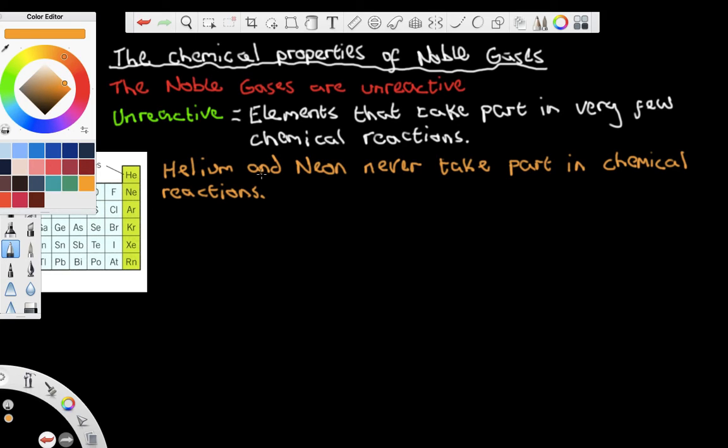Now, in the year 2000, Finnish scientists made the compound argon fluorohydride, but it only existed at temperatures of minus 265 degrees Celsius. So what we're saying there is that argon didn't really take part in any reactions until 2000, when scientists made this argon fluorohydride. Okay?